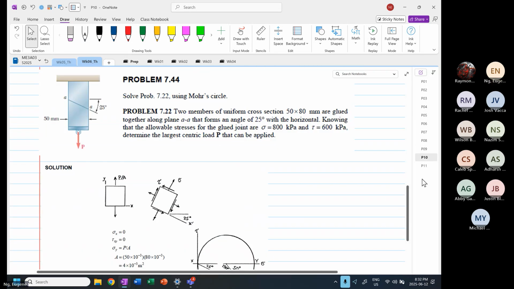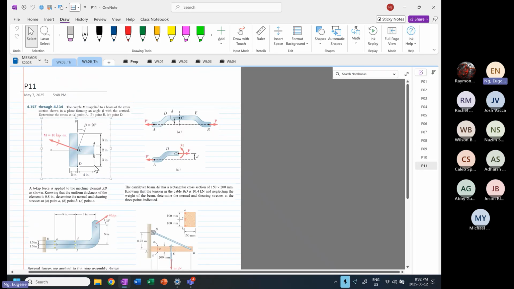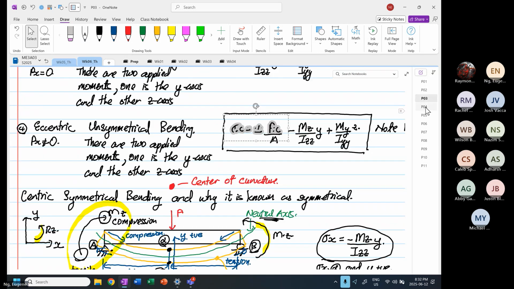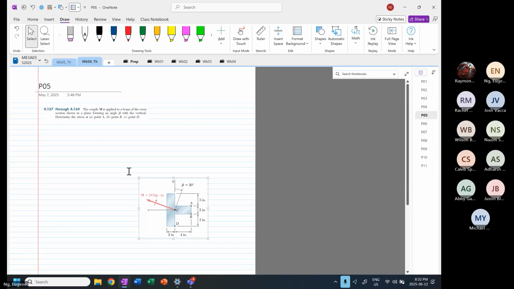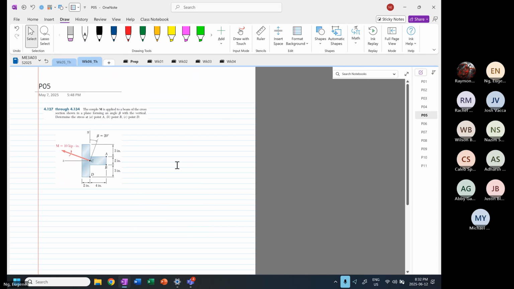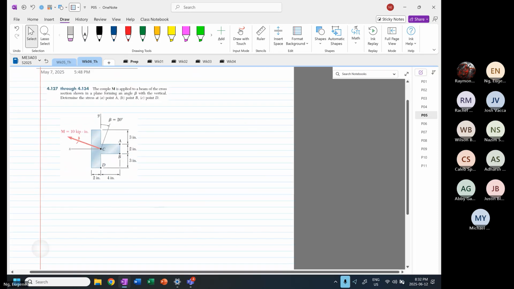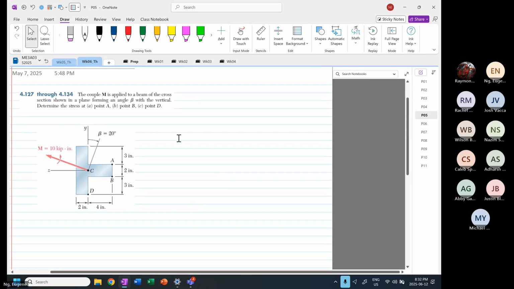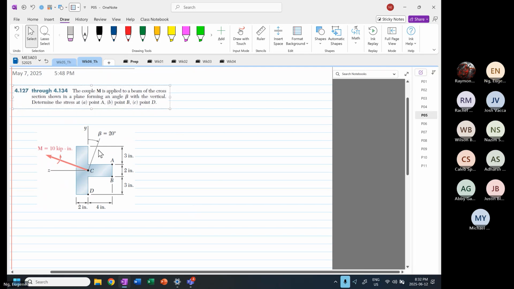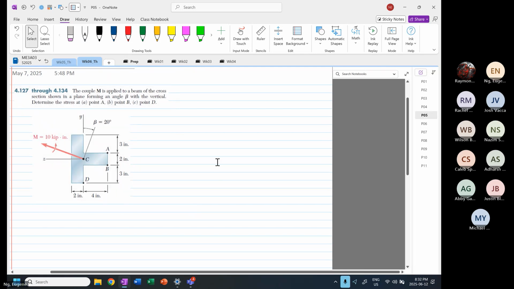So you have all these diagrams. You have a structure like this. The couple moment is applied to a beam of the cross section shown in a plane forming an angle beta with the vertical.